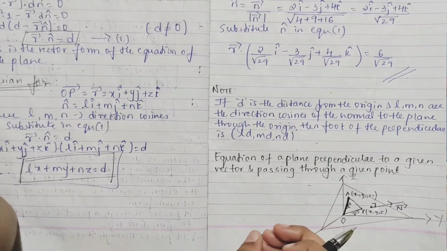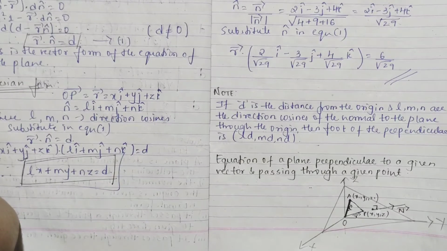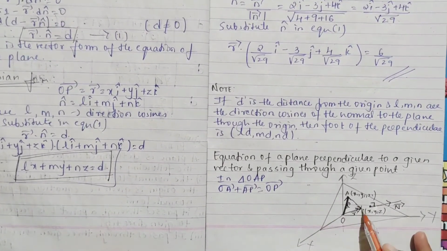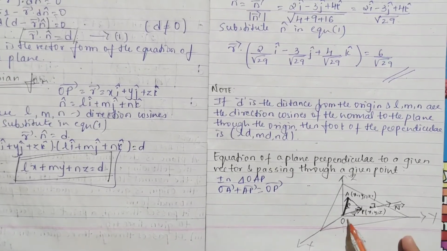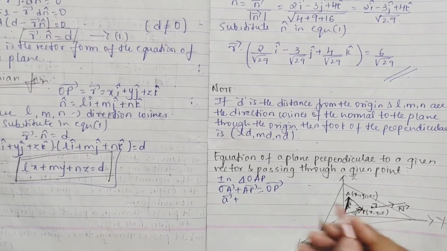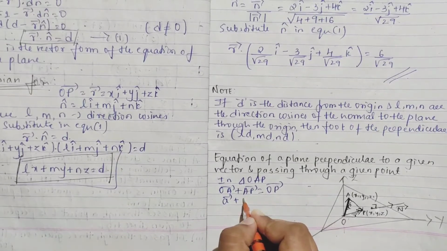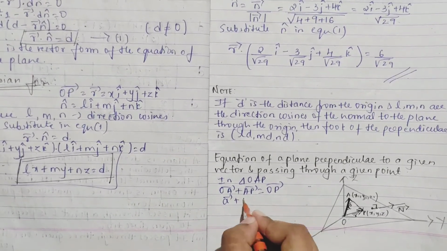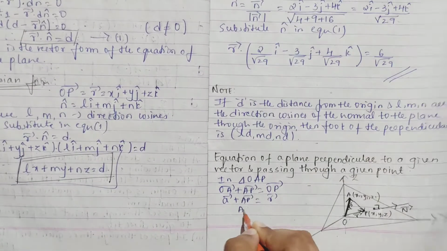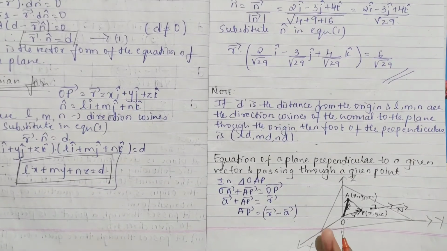In triangle OAP, OA vector plus AP vector is equal to OP vector. So OA vector is vector a, plus AP vector, which we don't know and have to find, equals OP vector, which is vector r. So your AP vector will be vector r minus vector a. Now you see here.